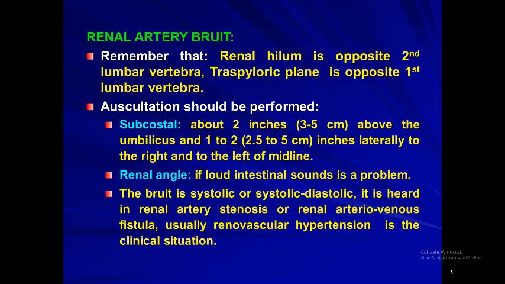The renal angle posteriorly is between the costal margin, the sacrospinalis border and the iliac crest. The bruit in renal artery stenosis is systolic or systolic-diastolic, and usually renovascular hypertension is the clinical situation.